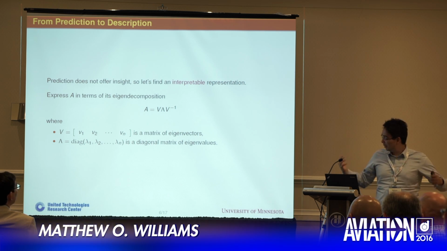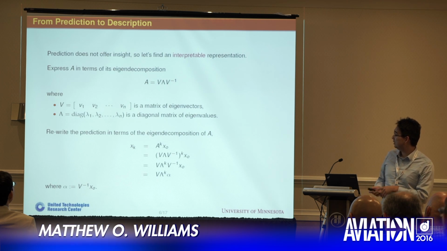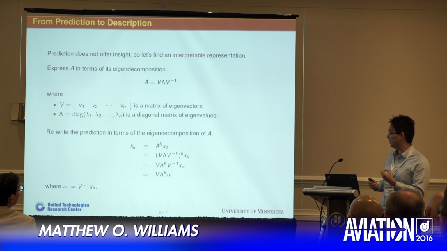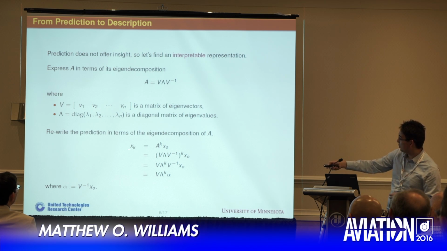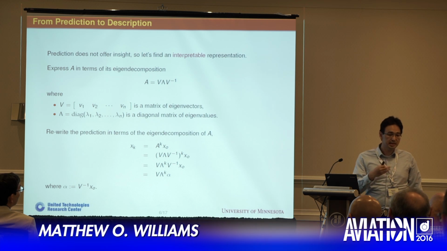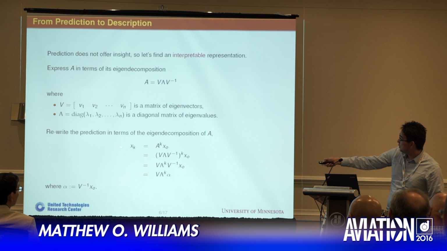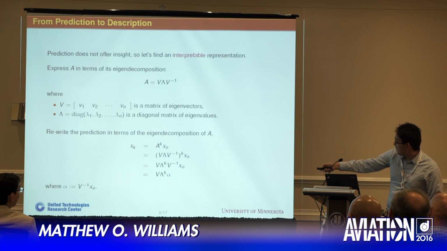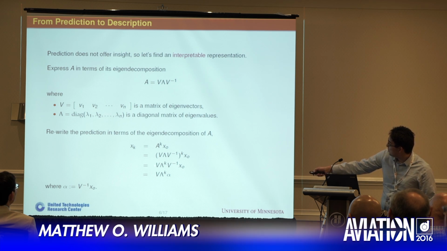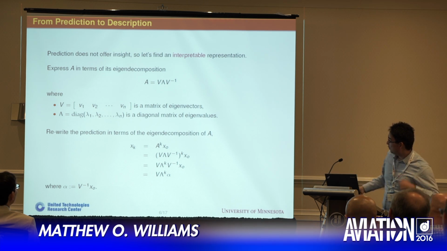This is linear algebra, but the basic idea of why this eigendecomposition is the right thing to do for the features we care about is that, if I want to predict xk given x naught, as Mazi said, I multiply by A to the k. But with this eigendecomposition, I can write xk as this matrix vector product, where V is holding the spatial profiles.